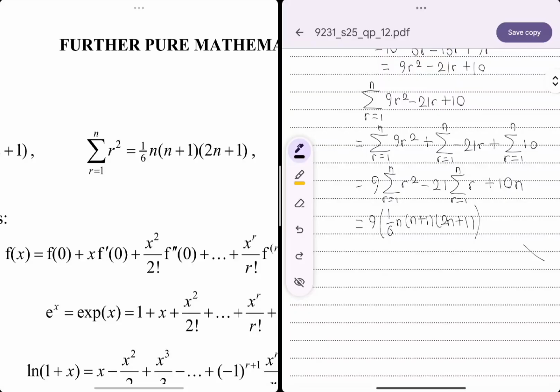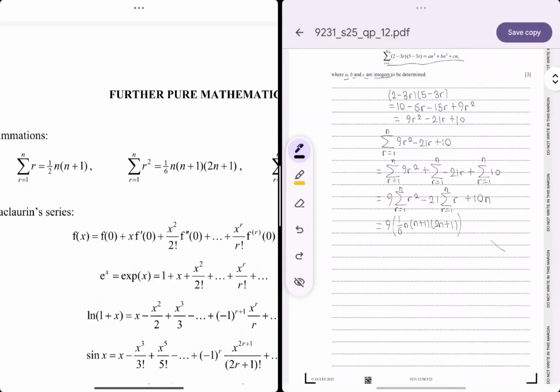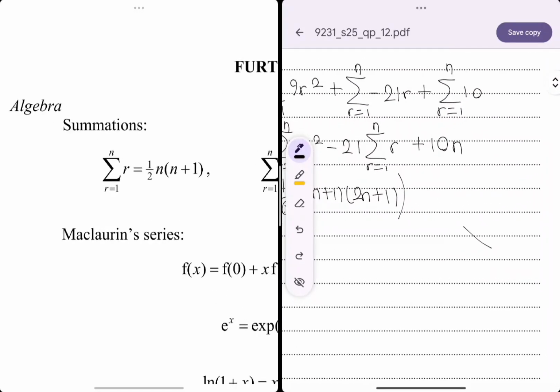And now we have to express the one for r. So it's right here. Let's write that down as well. So minus 21 times half n times n plus 1 plus 10n. Okay, so this is all we need from the formula list.